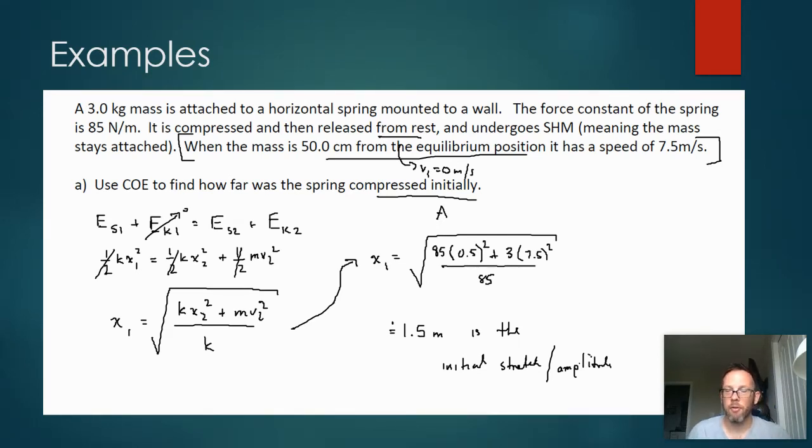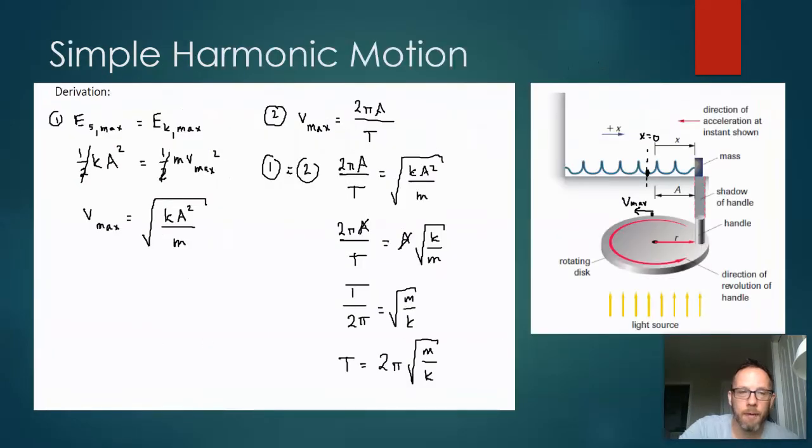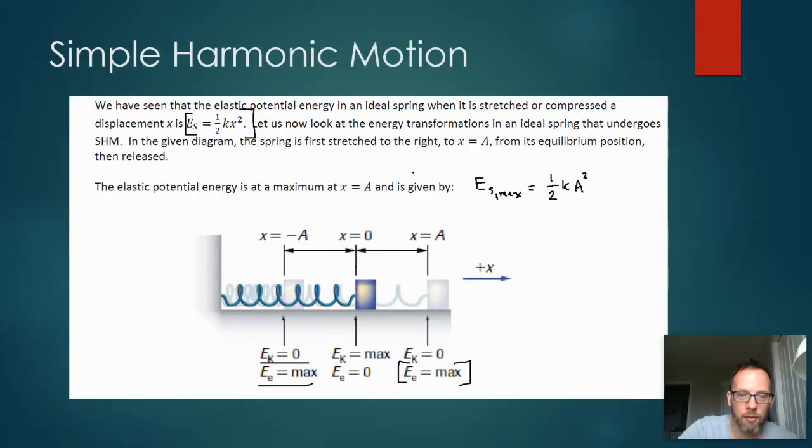All right, so that's our first example of playing around with conservation of energy with something in simple harmonic motion. Let's try another one. Let's find the maximum speed of the mass. In this case, we're using a different position. If we go back to this visual, in part A we might have had information about a point like this, with a certain stretch or compression, and we found a certain speed.